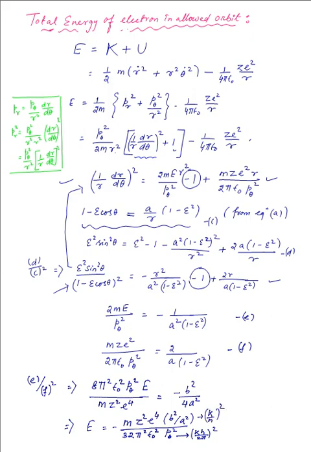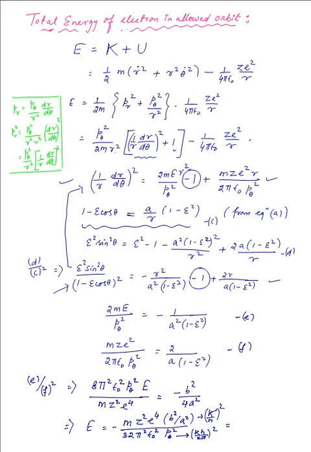So the k squares get cancelled out, and the 2 pi square cancels out with one of the pi square, and the pi square for 32 also cancels out, and the 2 square 4 gives us 8 when cancelled with 32.